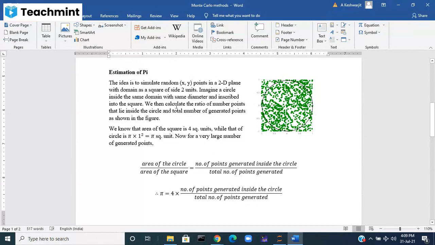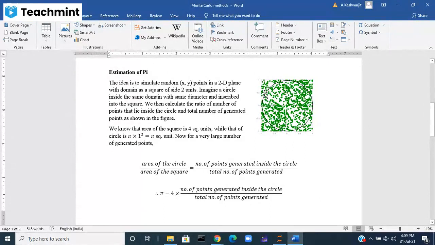We then calculate the ratio of the number of points that lie inside the circle and the total number of generated points, as shown in the figure. We have a square, the length of whose one side is 2 units, and then we inscribe a circle with a diameter of 2 units inside the square.